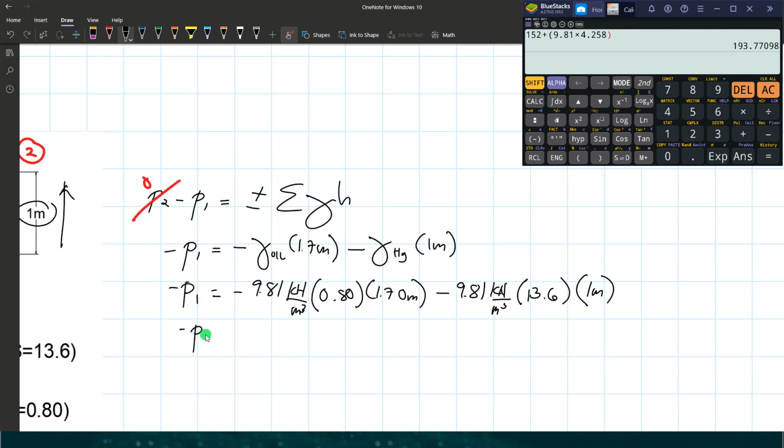So the units that we will have are in kilopascal, which is kilonewtons per square meter. So let's calculate first.